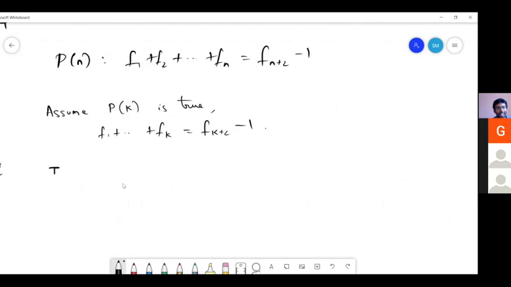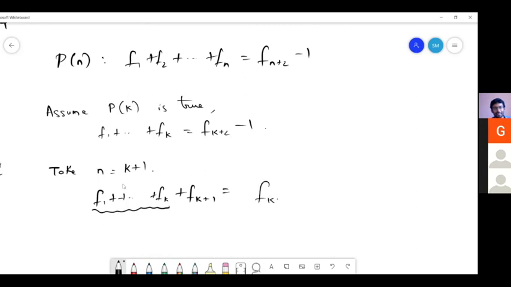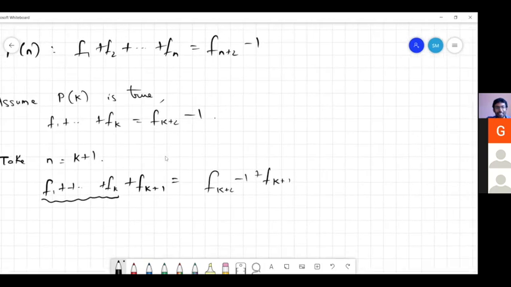Now take n equal to k plus 1. This means f1 plus f2 plus up to fk plus f of k plus 1 is equal to, and we know that f1 plus f2 up to fk is the same as f of k plus 2 minus 1 from our previous assumption.